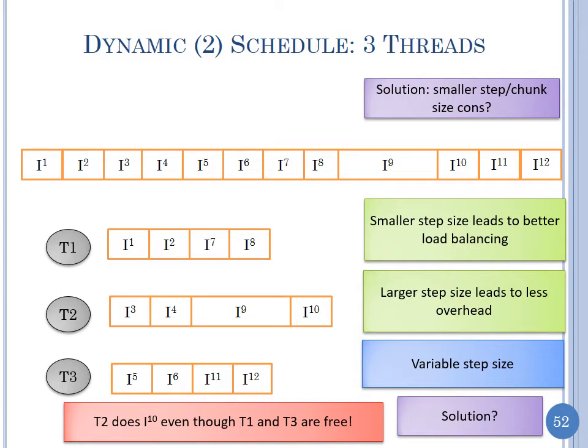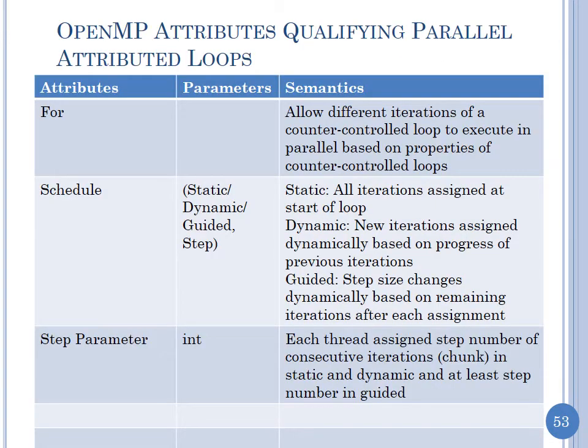So that's the problem. We'd like the policy to automatically figure out and adapt the step size. So that gets us to what I would call dynamic plus plus, or what's called the guided policy. The step size changes dynamically based on remaining iterations after each assignment of work.